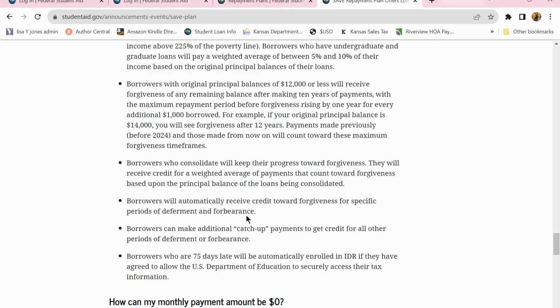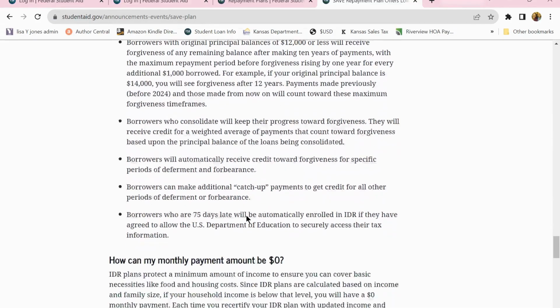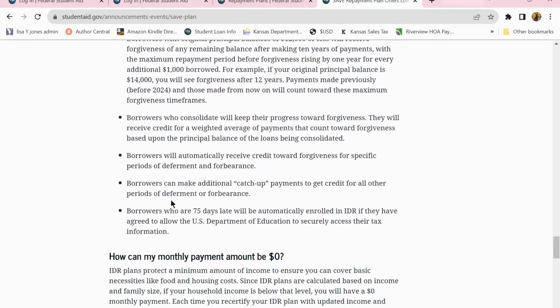That means all of that time in COVID would have still counted. Borrowers can make additional catch-up payments to get credit for all other periods of deferment or forbearance. So if you were in forbearance or deferment, you can catch up by making extra payments.